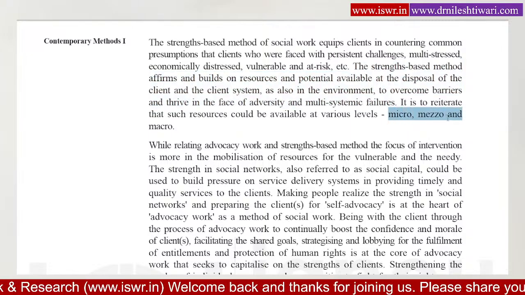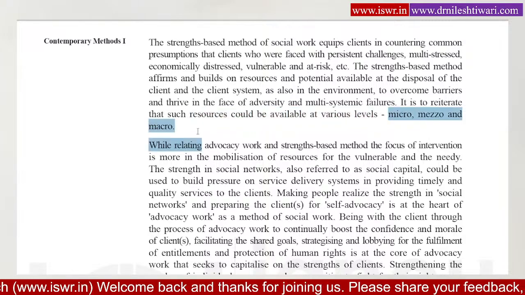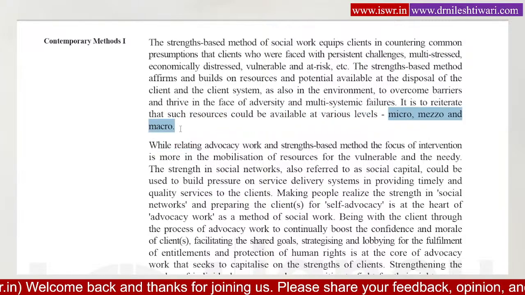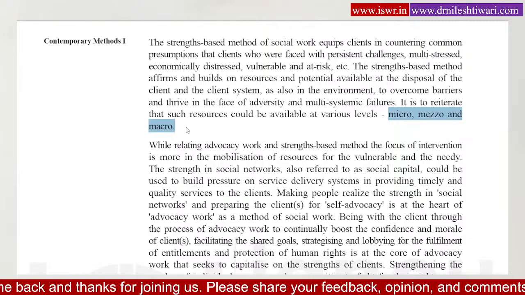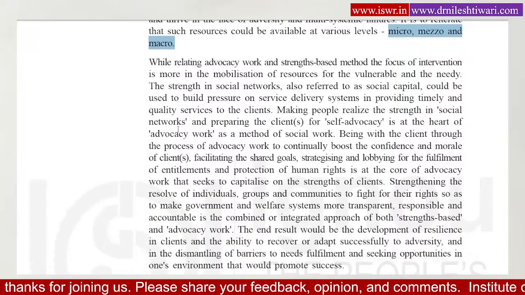And this is done at three levels: micro, meso, and macro, which we have studied earlier in the first year of our MSW program, right?